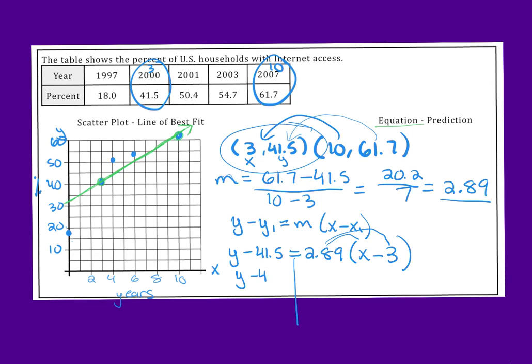So y minus 41.5 equals 2.89x minus 2.89 times 3, which is about 8.67.